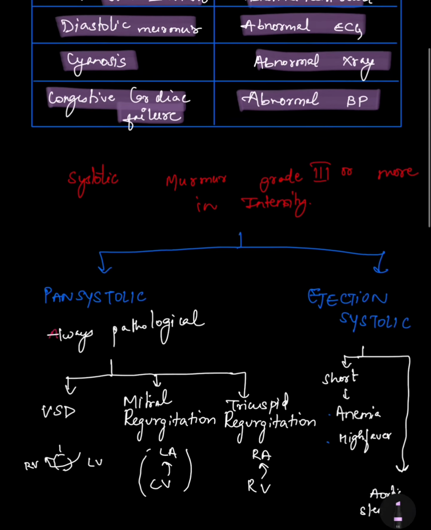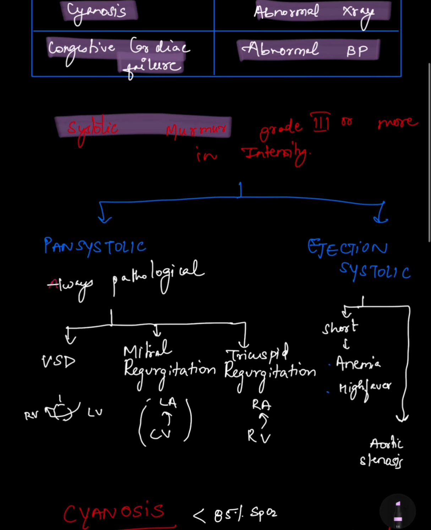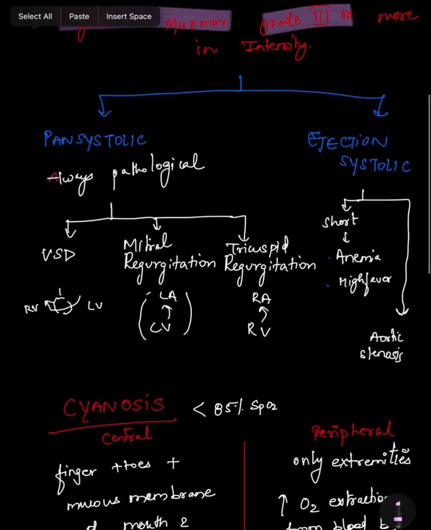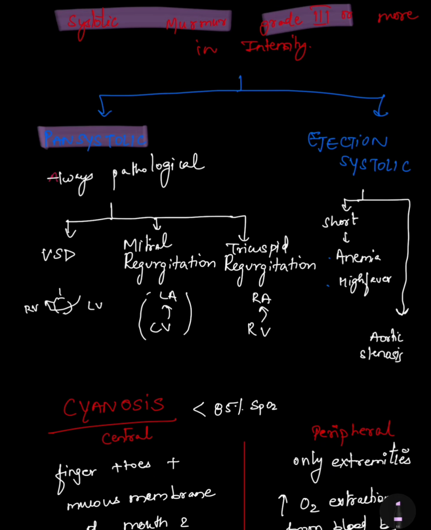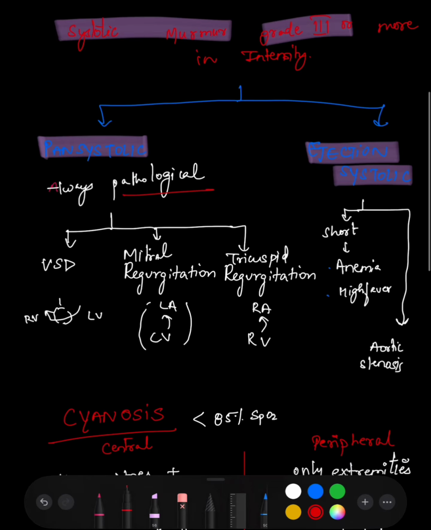Now let's discuss something more about systolic murmurs. If the systolic murmur is grade 3 or more, there can be two types: pansystolic murmur or ejection systolic. Pansystolic murmur is usually always pathological.